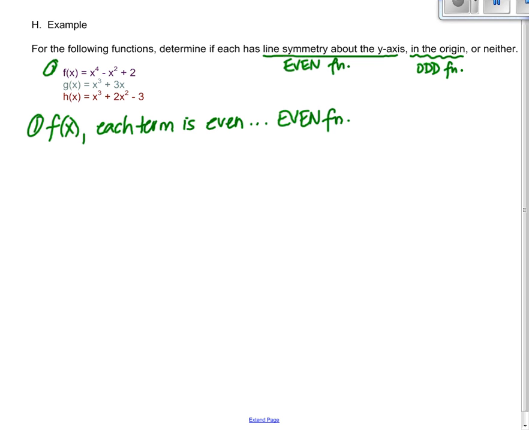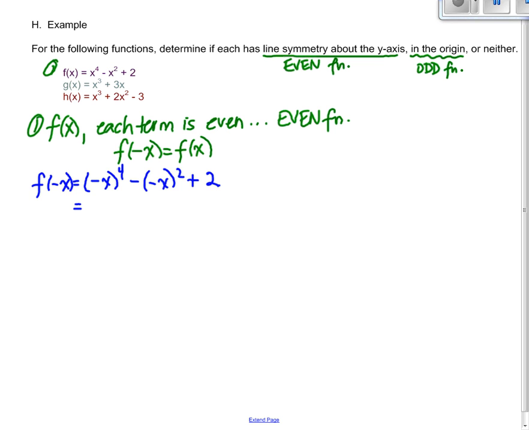But let's check. If it is true that it is an even function, then f at minus x would also be the same as the original function. So I am going to replace my f at minus x: minus x to the power of 4, take away negative x squared plus 2. That is my f at minus x.